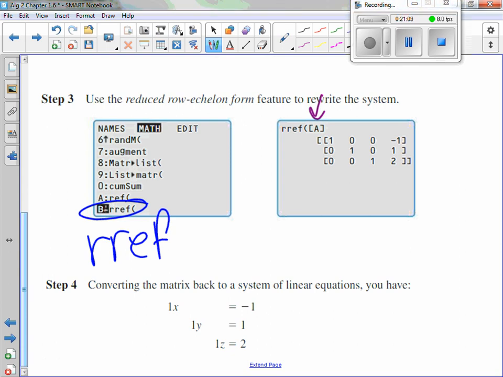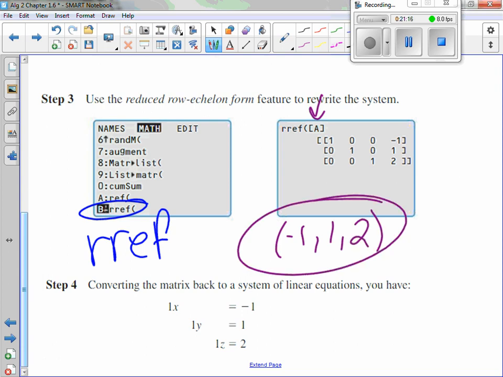So what this is telling us is that our solution is, that's it. That's all we have to do to solve this system of equations. Is it more complicated than doing it by hand?